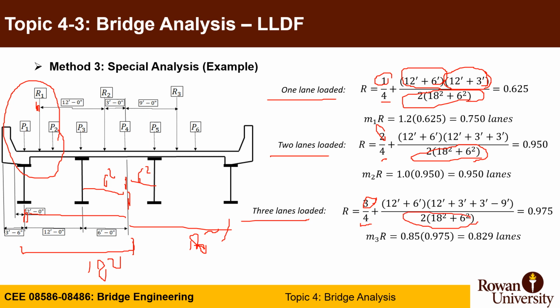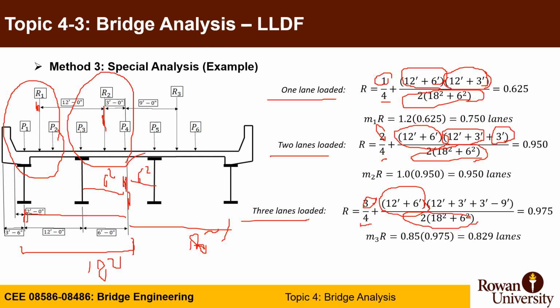In two lanes loaded, now you need to add the other lane, the distance. This is going to be also fixed, XE. All you're going to do now is add the second lane, which is similar to the first lane. The second lane distance now is 3 from the centroid of the second lane to the centroid of the girders.